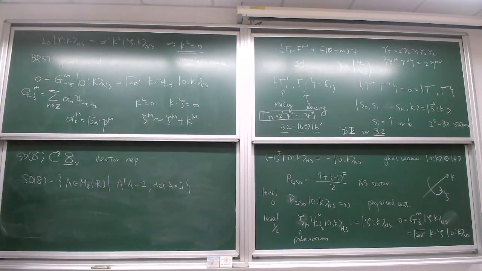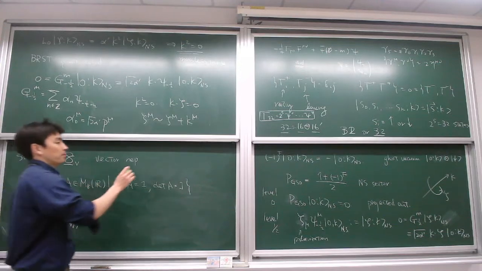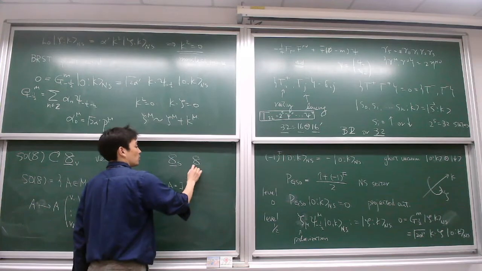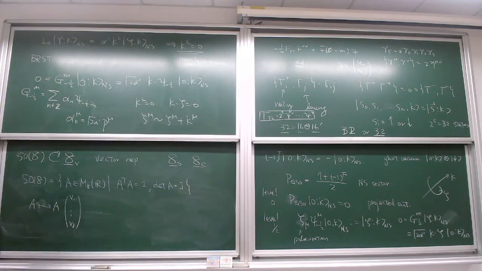That's SO8. In the vector representation, literally the matrix A acts on a vector like b1 through b8. So this is called the vector representation. So it's 8-dimensional. Okay? And we will learn that in the Ramond sector, we have a spinor representation or conjugate spinor representation. Both are 8-dimensional.